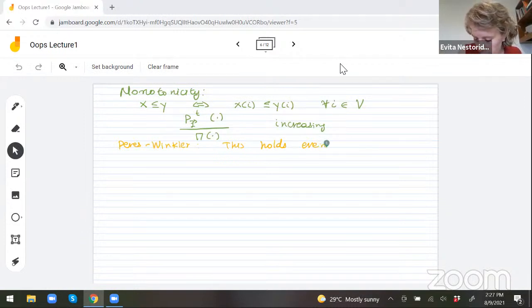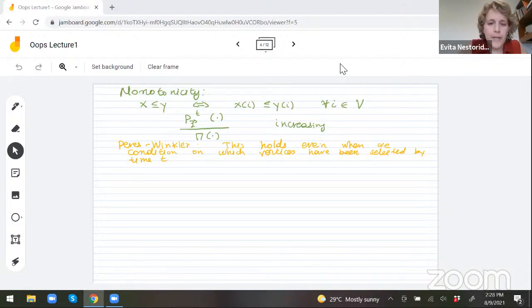This holds even when we condition on which vertices have been selected by time t. Okay, this is the censoring paper.